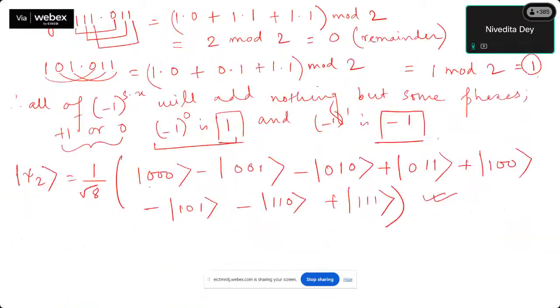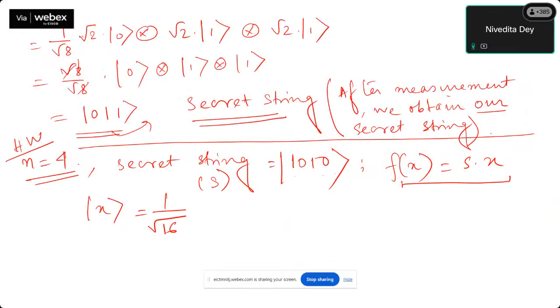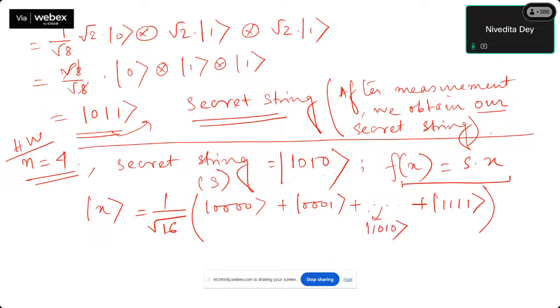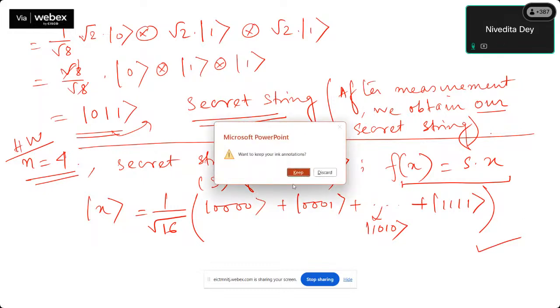So you can just check whether you are getting this or not, and the state will look something like this, till 1111. And remember that 1010 will also be there within the superposed state. I think all of you have understood this.